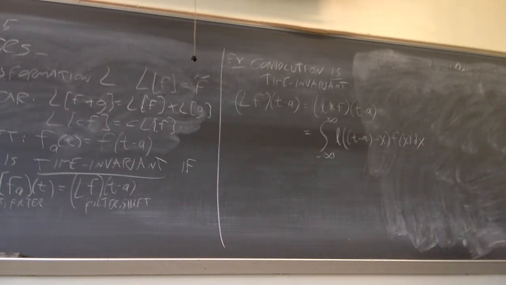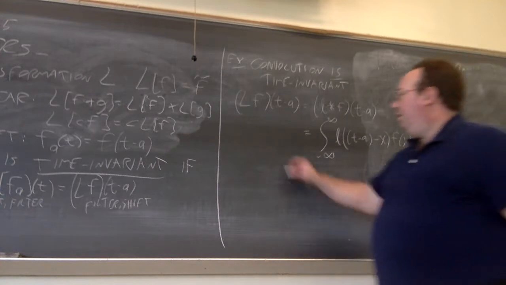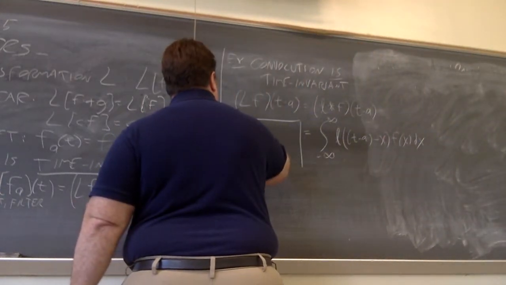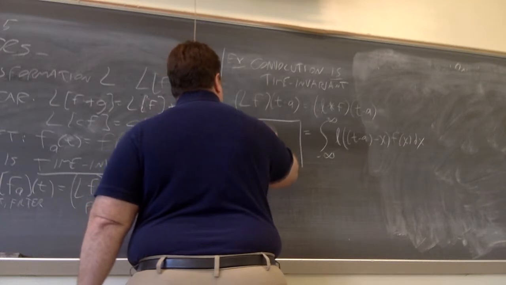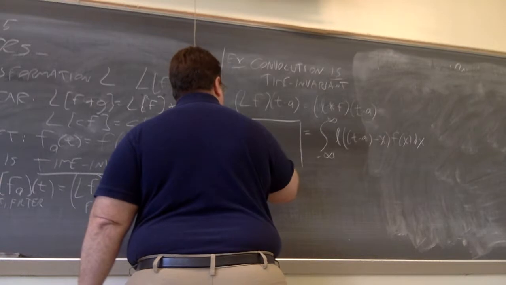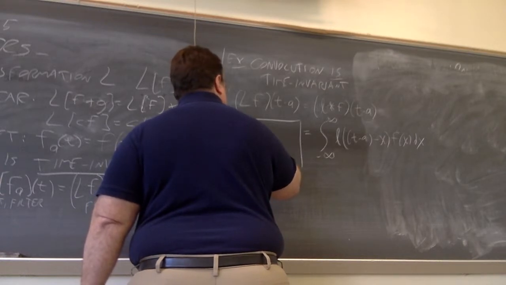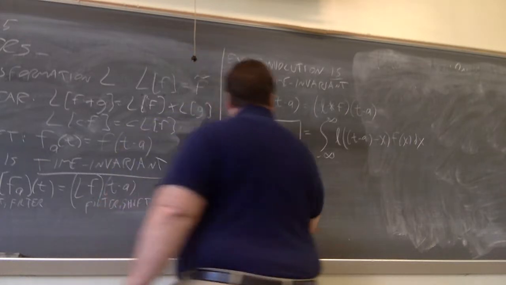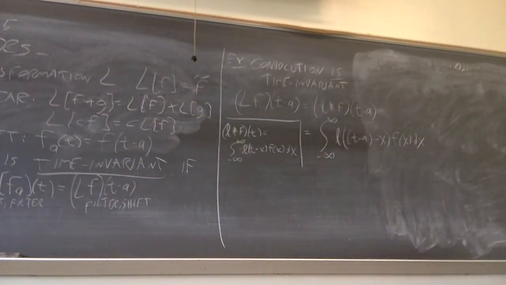I'll put this off to the side: L star f as a function of t is the integral of L of t minus x, f of x, dx. So that's the generic convolution. All I've done is replace t with t minus a.